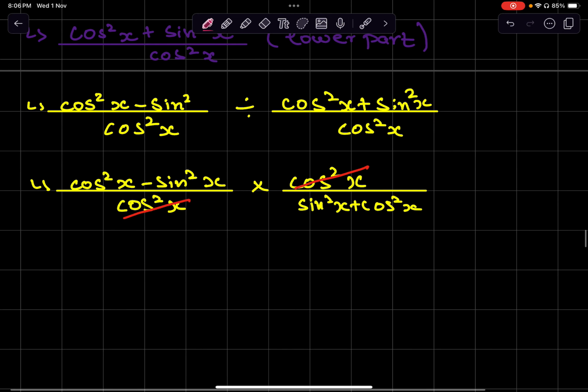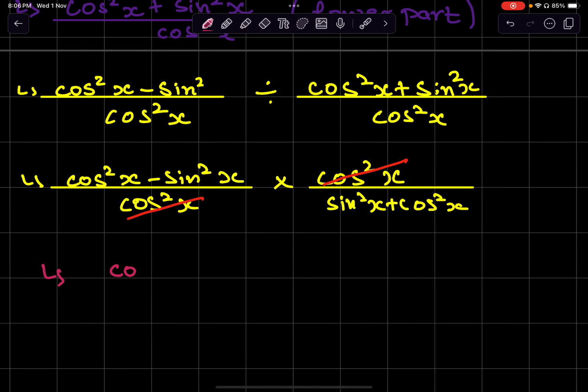So now we are left with cos square x minus sine square x upon sine square x plus cos square x.